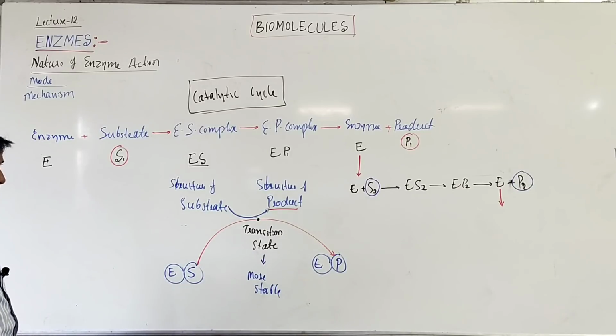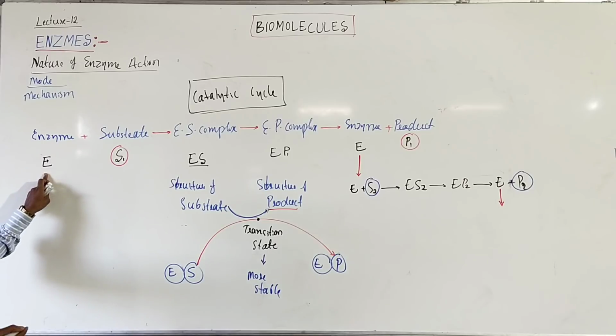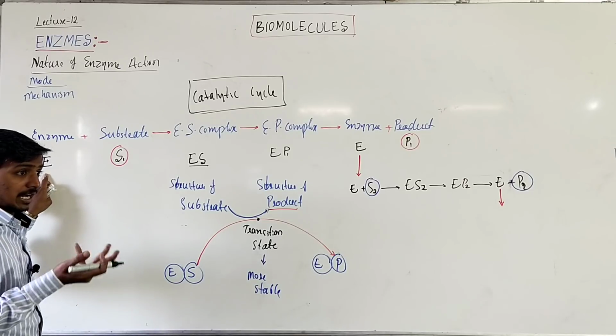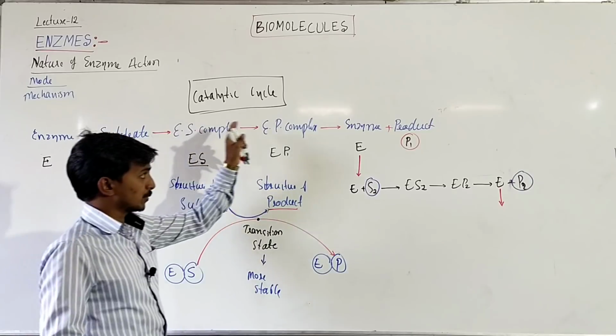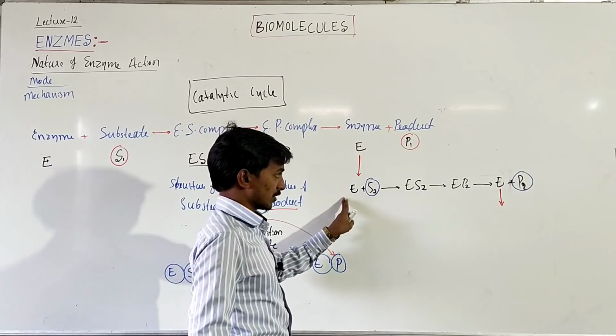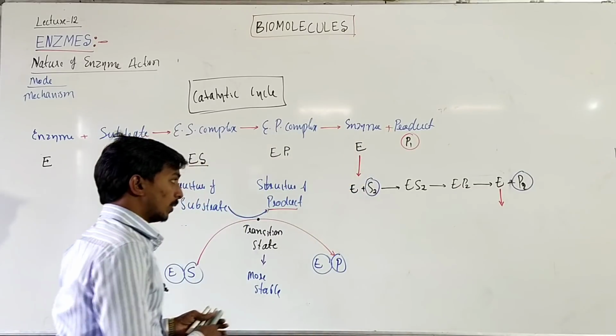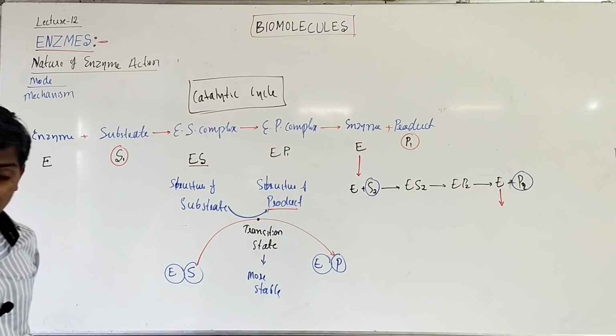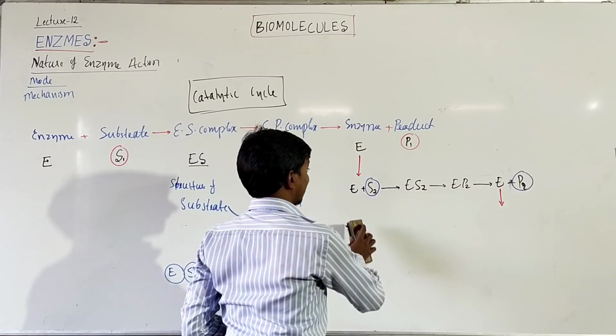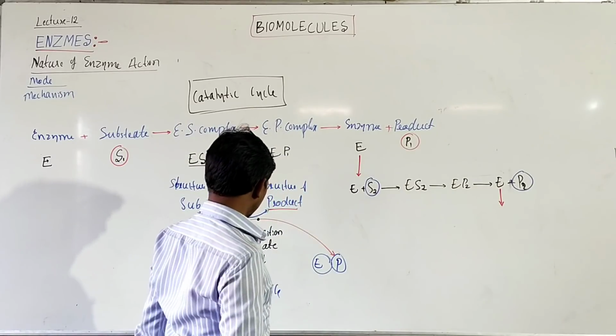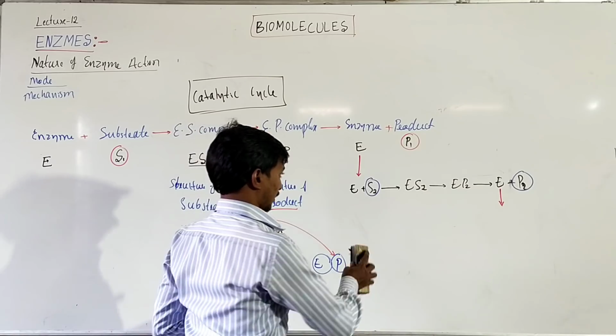But you should remember that one enzyme can catalyze many reactions. One enzyme finishes one reaction, is ready for the next reaction, finishes the second reaction, is ready for the third. Like that, one enzyme can undergo many catalytic cycles. We'll show this with the help of a diagram.